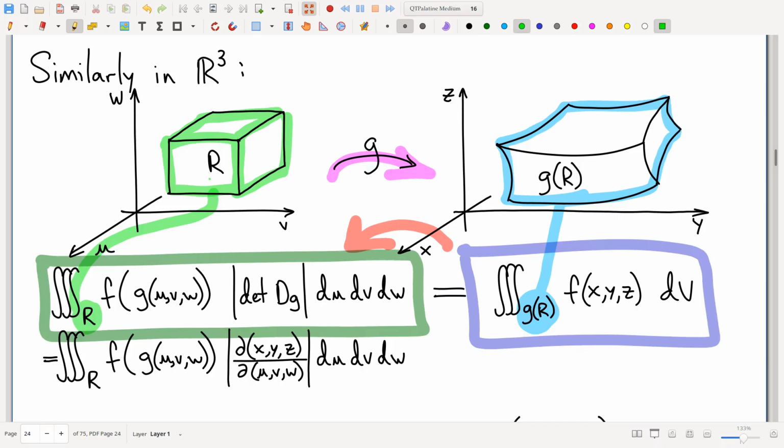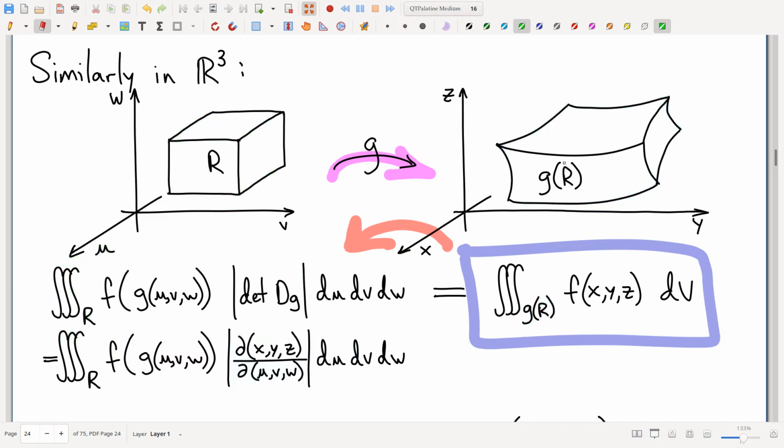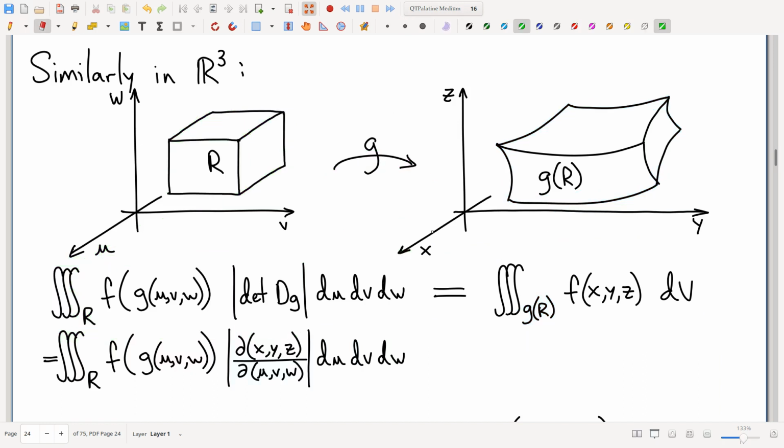Again, the big asterisk in order to make this work is you just need to know what the stretching factor is, right? So how much do volumes get stretched? It's the seemingly exact same formula. It's the absolute value of the Jacobian determinant. It's a 3x3 derivative matrix instead of 2x2.